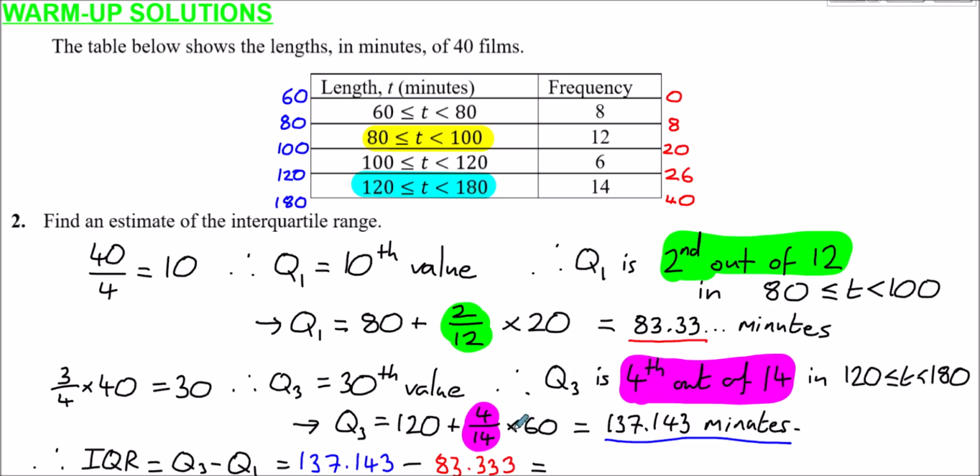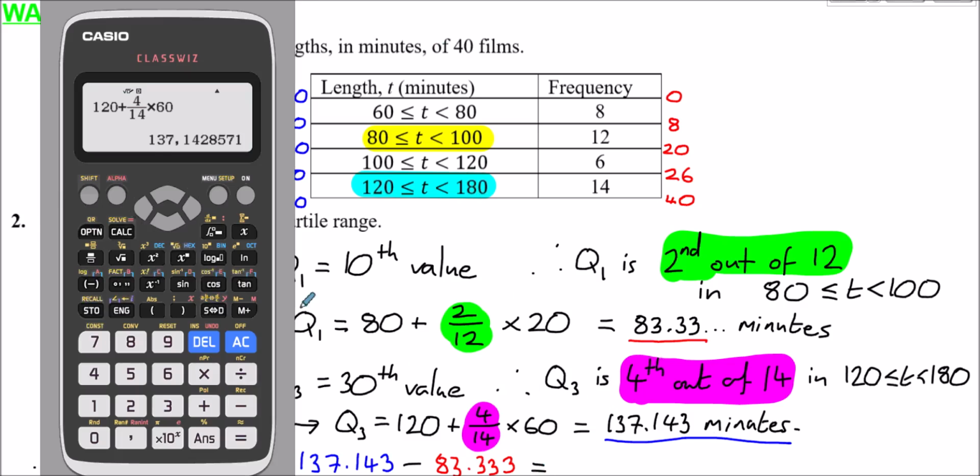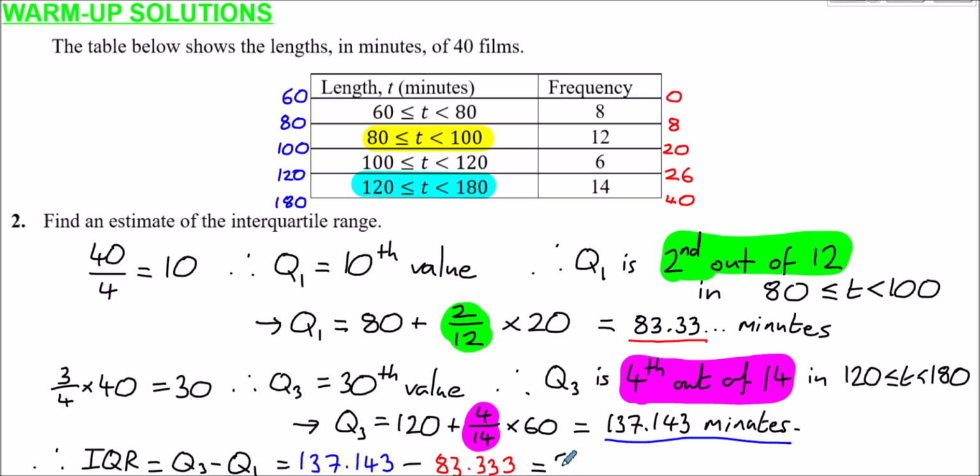When we work this out, we've got our answer. So this number here, minus 83.3 recurring, we get 53.8 minutes to 3 significant figures. And that's our final estimate for the interquartile range.